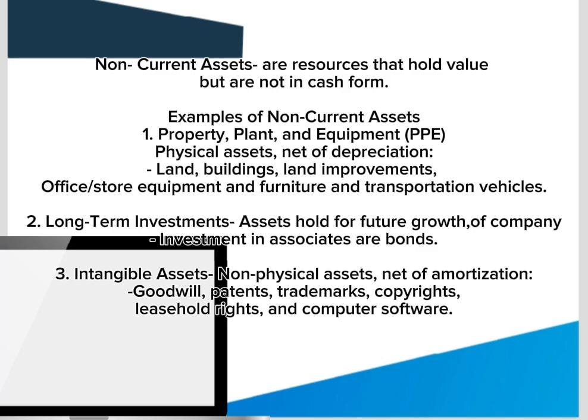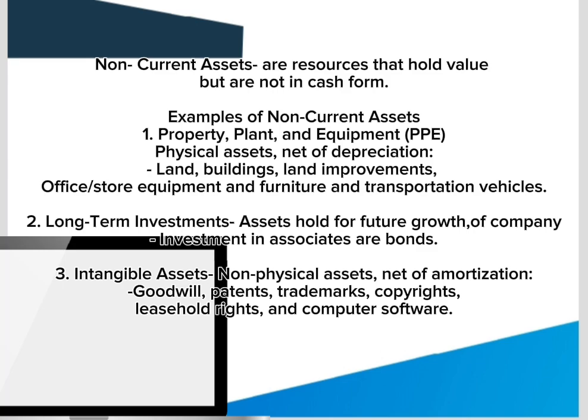The second category of assets is non-current assets. First of all, what are non-current assets? Non-current assets are resources that hold value but are not in cash form. They are long-term assets used in business operations.